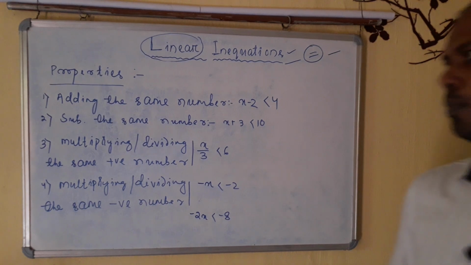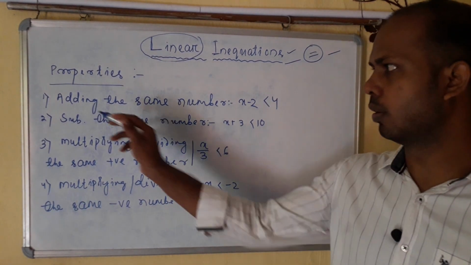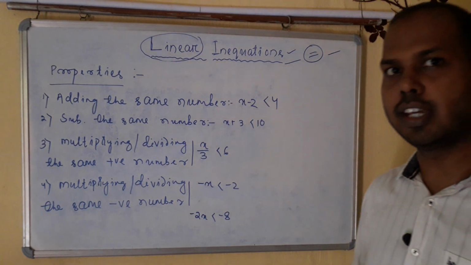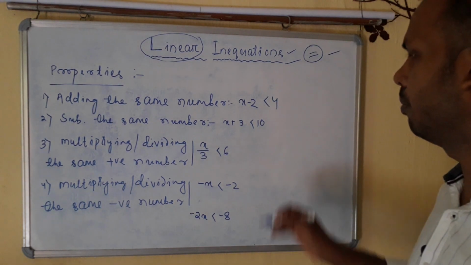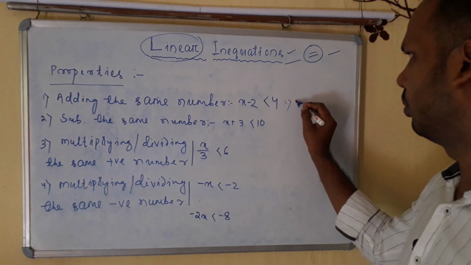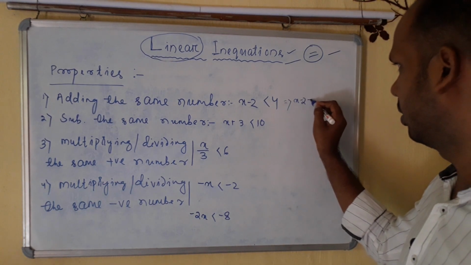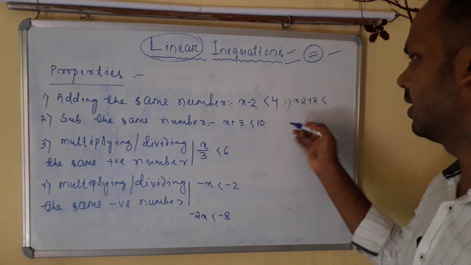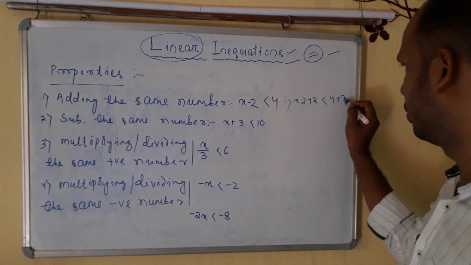So, the first property: when we are adding the same number, there will be no change in the inequality sign. If I add plus 2 on both sides, x minus 2 plus 2, it remains as it is, less than 4 plus 2.